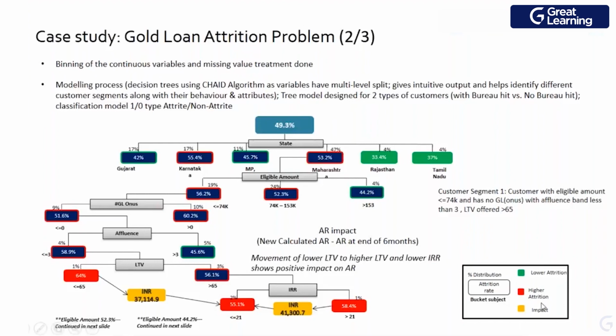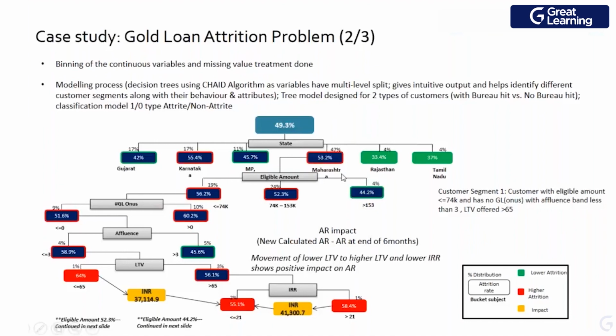So within the 49.3% population that you have, about 53% are attriting within Maharashtra and 55.4% within Karnataka. So attrition is pretty high in these two states, and that's why we have captured Maharashtra and Karnataka. For other states, it's not that high, it's pretty low.